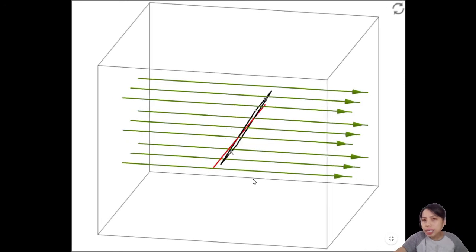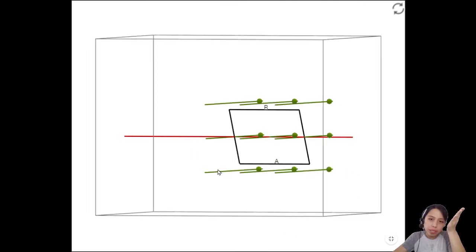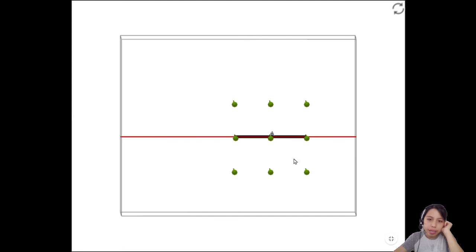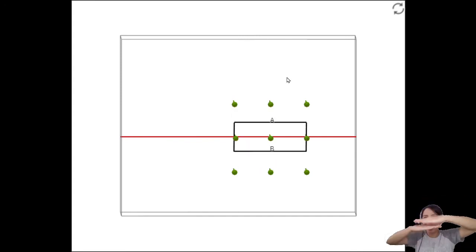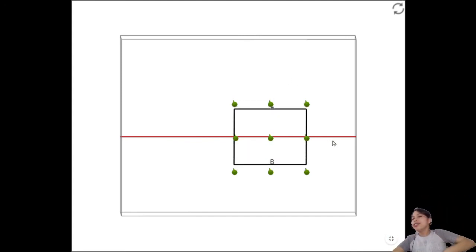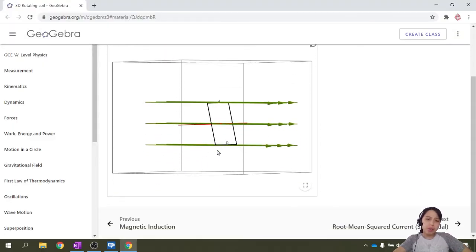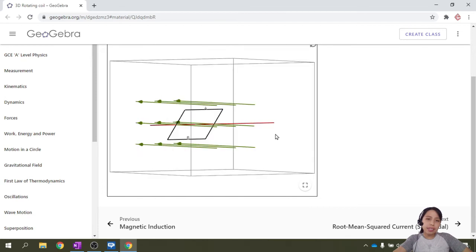It's a 3D problem we're trying to solve. So you are trying to see what is perpendicular to the magnetic field. So that will be this. Hence you see an area getting big and small like that. Okay? So that's what we're talking about, changing area. Now some of you say, Miss, how about the angle? Just now you didn't include the angle.